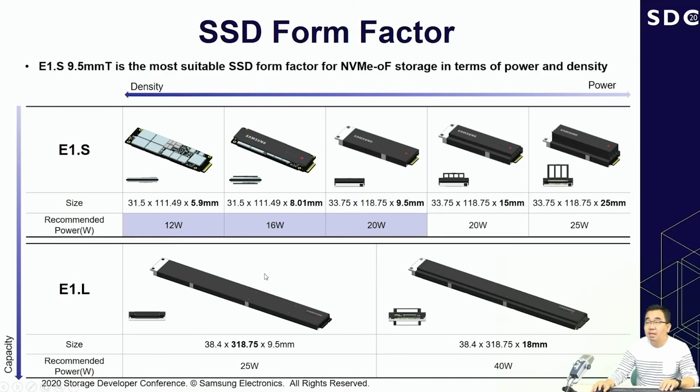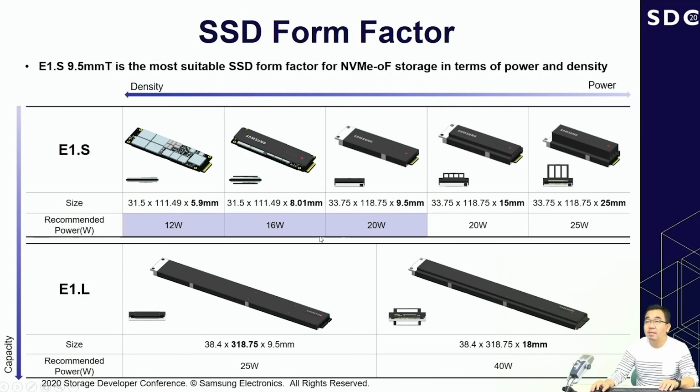We found that our data center partners don't want too much capacity in a single drive, because when an SSD fails, it takes too much time to rebuild or copy the faulty SSD to another one.